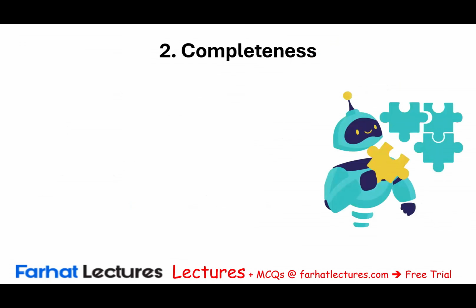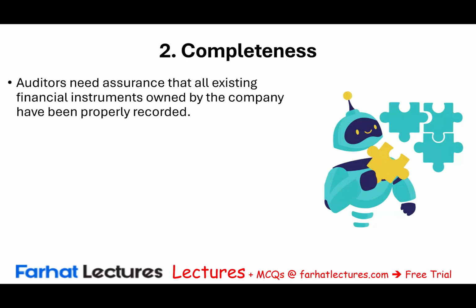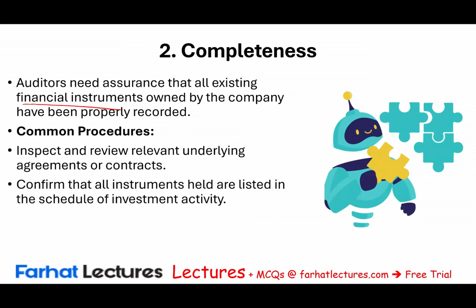How about completeness? Are we concerned about completeness? Not necessarily, but we want to make sure we accounted for everything. Again, the broker dealer will help make sure everything is recorded. So the auditor needs assurance that all financial instruments held by the company are properly recorded. You would inspect and review relevant agreements and contracts and confirm all instruments listed in the activity schedule.